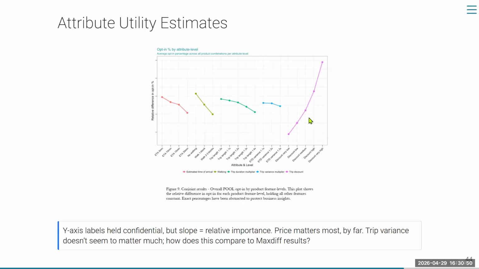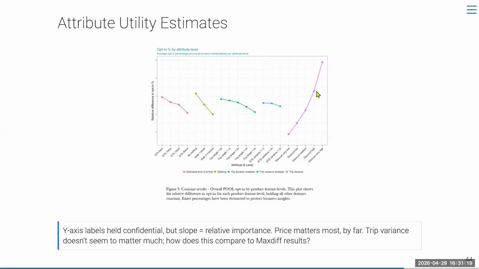And as you can see, the price level was relatively very, very important. The variance in the trip duration didn't seem to be nearly as important as the estimate of the trip duration. People were willing to walk to some degree, and the availability mattered to a moderate degree.